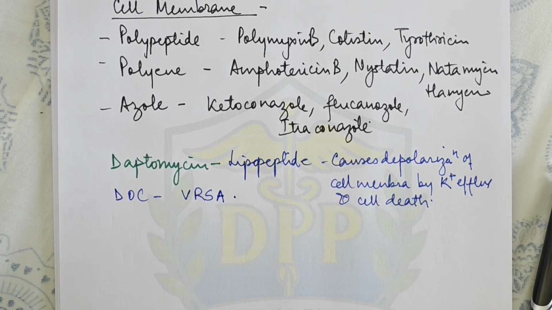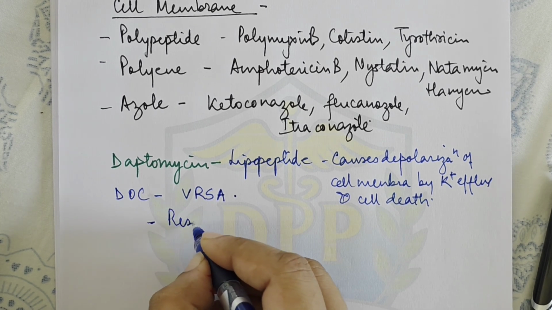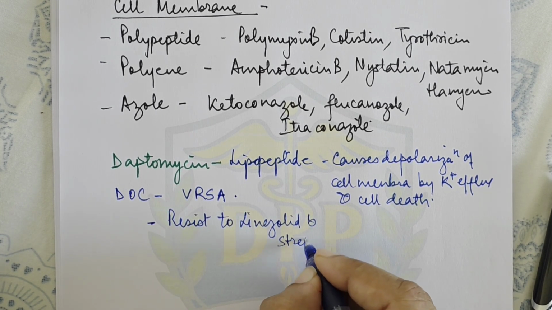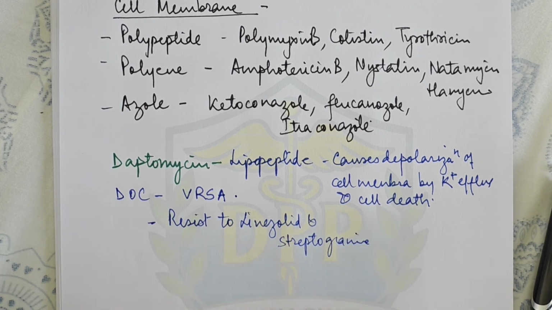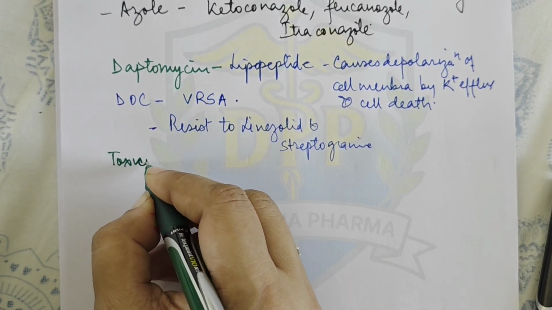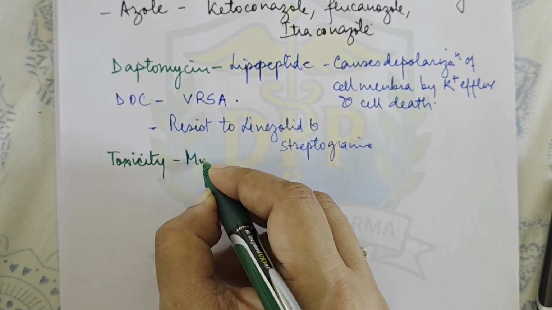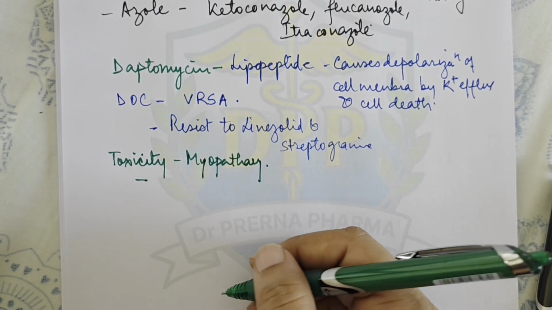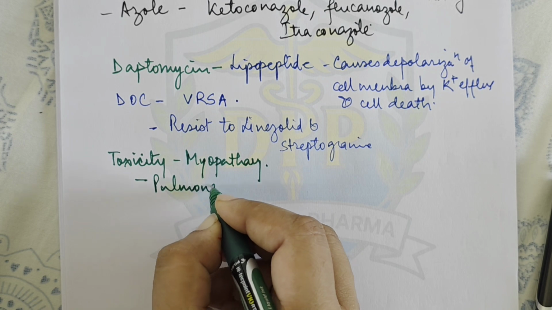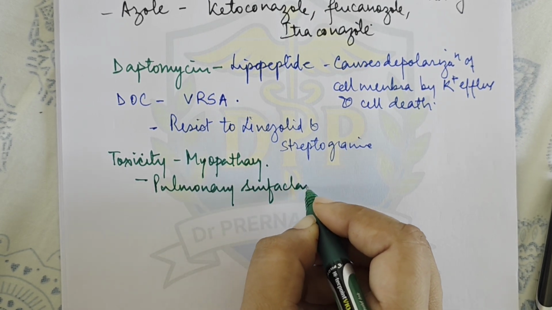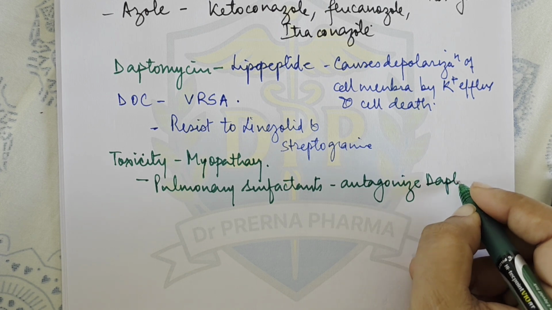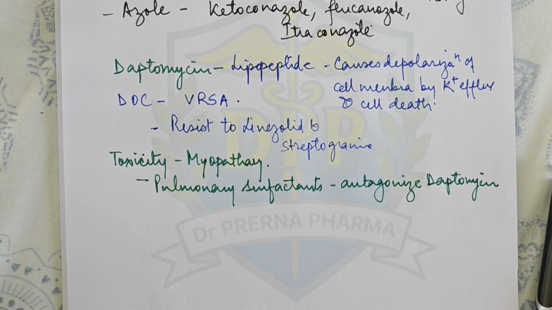It is also effective in organisms which are resistant to linezolid and streptogramins. Okay, the toxicity caused by these is myopathy, right? Then pulmonary surfactants antagonize daptomycin.